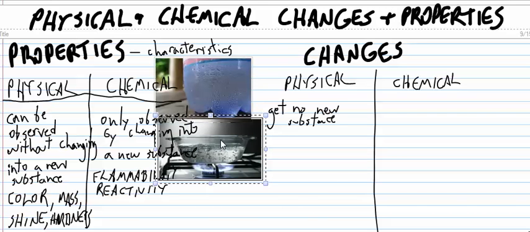Likewise, boiling water. You boil water and it disappears. Does that mean that it was destroyed? No, it just became water vapor that went into the air, maybe eventually to settle on a pop bottle somewhere. So in a physical change, you get no new substance. And then the last one, you can probably guess, in a chemical change, you do get a new substance.